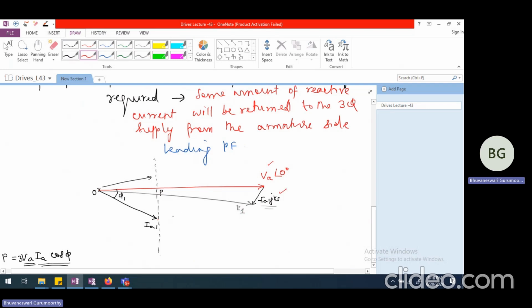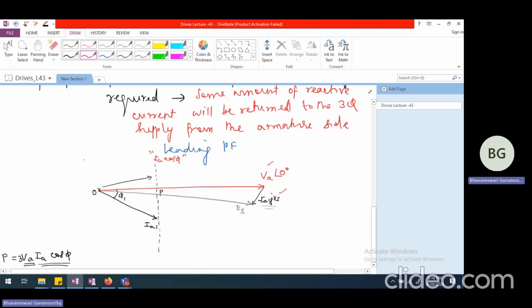So this is the case when a lagging power factor current is being drawn by the synchronous motor. Let us say I want to have the same power. So this is the locus of IA cos phi. We already said this is the locus of IA cos phi.